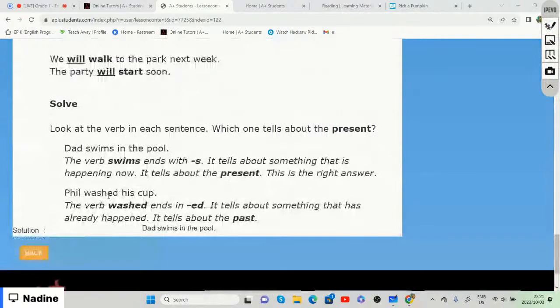All right, and if we look at these two sentences, it says dad swims in the pool and Phil washed his cup. We need to say which one tells us about the present. And what did we say is the present? The present tells us about something that is happening now.